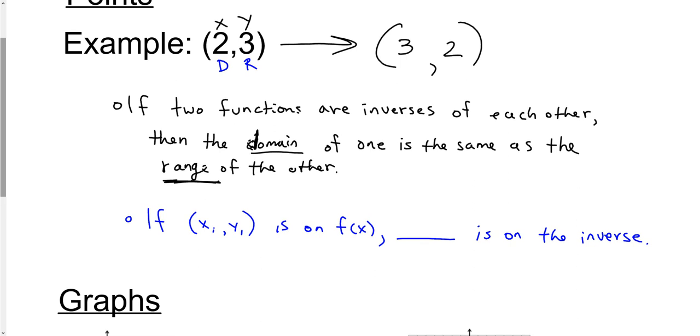It's still a point, just like the example up above where we talked about (2, 3). So if (x1, y1) is on f of x, then that must mean that (y1, x1) is on the inverse. So those 2 exact questions are on the test. I told you guys from the start, I'm going to try to make this as easy as possible. So you just have to memorize those 2.